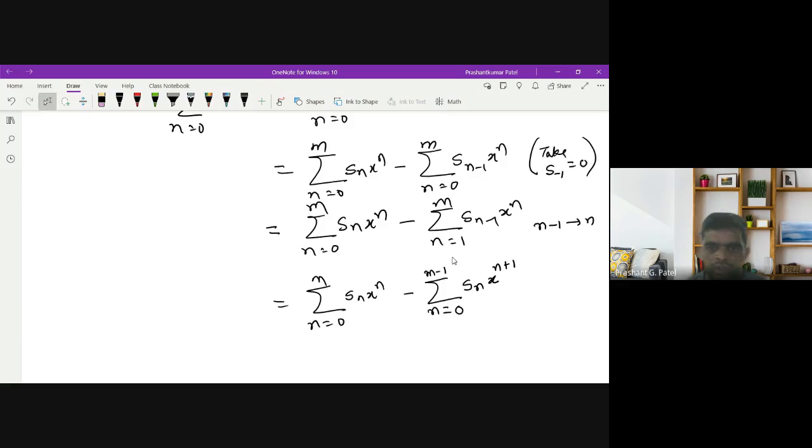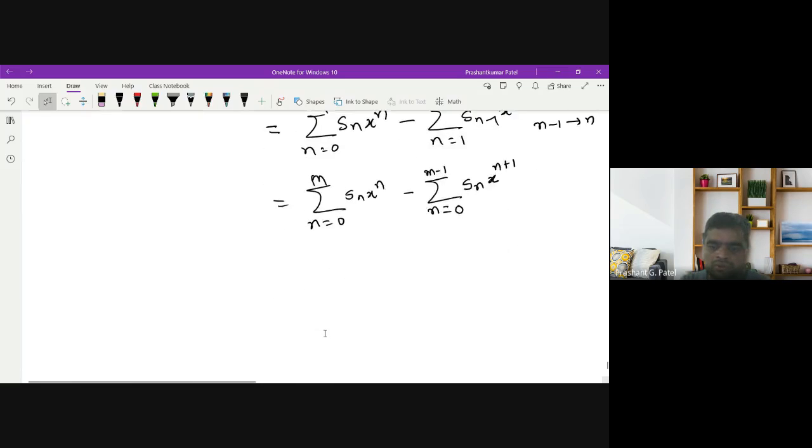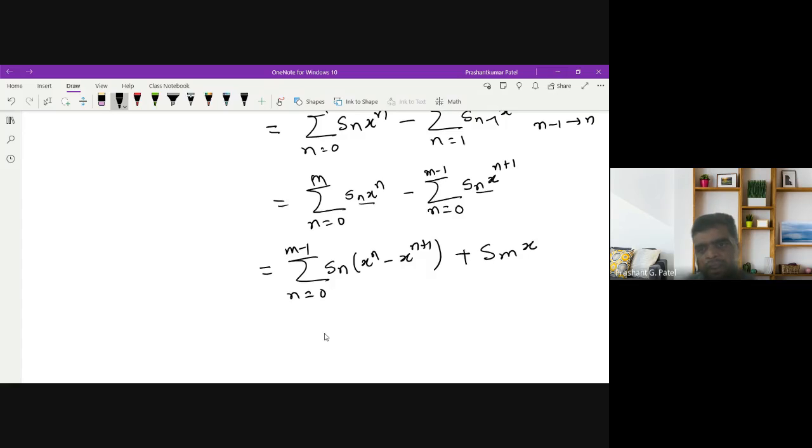So here we combine these two summations now. The mth term from the first summation I can make separate. So this we can now rewrite as summation n running from 0 to m minus 1, Sn is common out from these two quantities, and x to the n minus x to the n plus 1 is there, and plus the mth term from the first summation, that is Sm x power m.